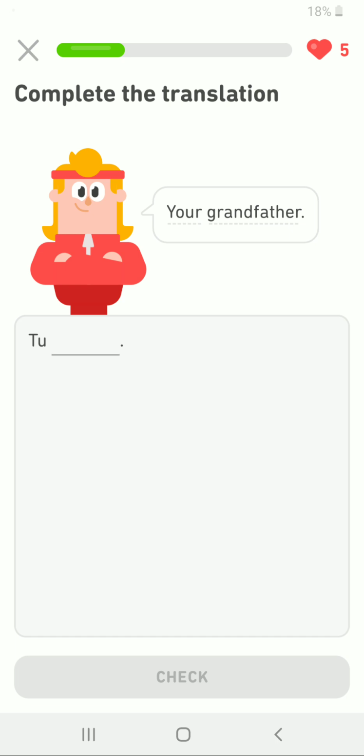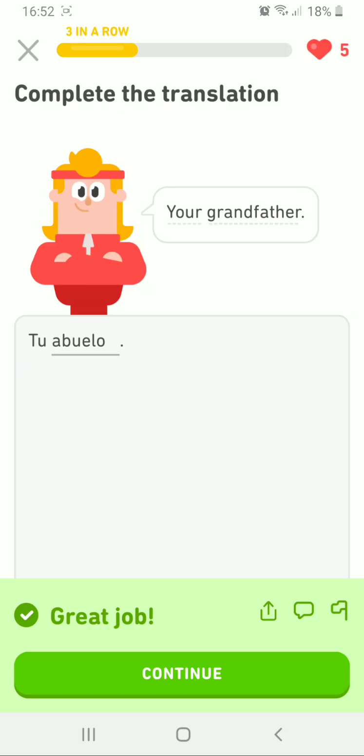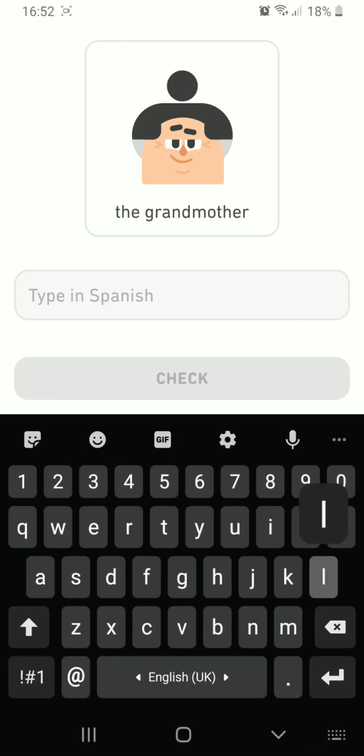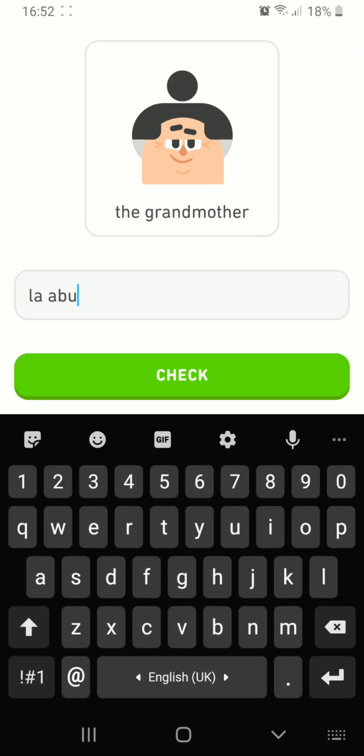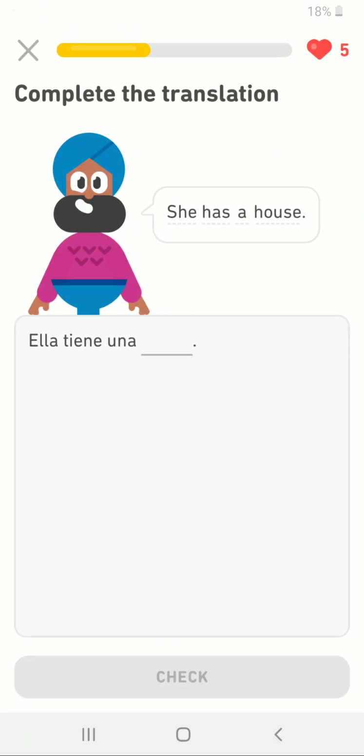Un sandwich de queso, for example. And your father, abuelo, tu abuelo. We know this. Abuelo. And what else? La abuela. So we're talking about family here, about family members and so on.